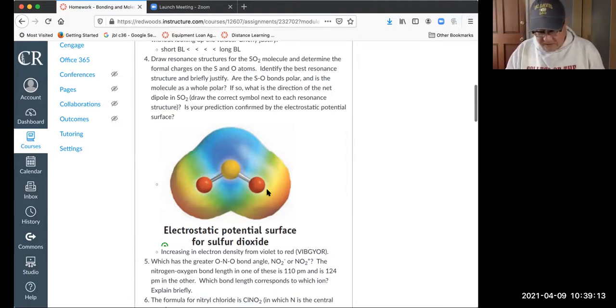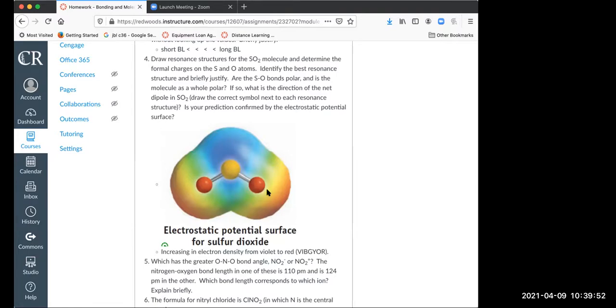So if we go to the last question here, it says, is your prediction confirmed by the electrostatic potential surface? For this here, the little caption below says it's increasing in electron density from violet to red. So can you see that the top of this molecule is more violet-y, if you will, indigo blue. And where the outsides of the oxygens are, that's where it's red. Are you with me there?